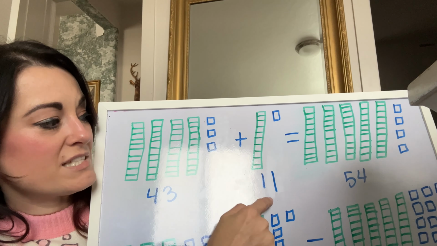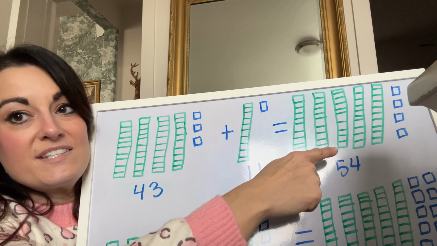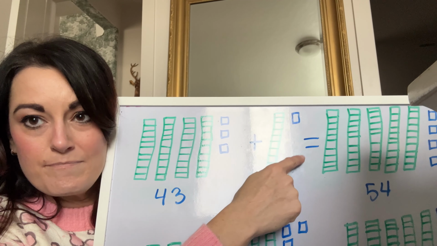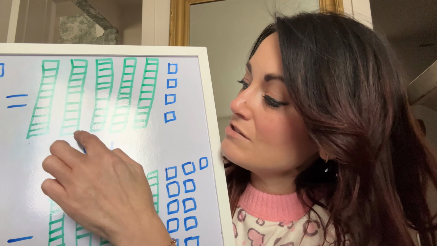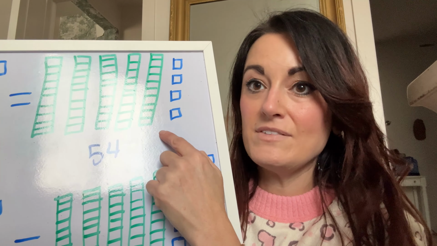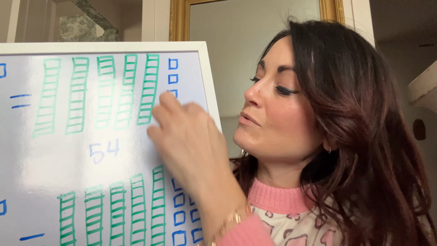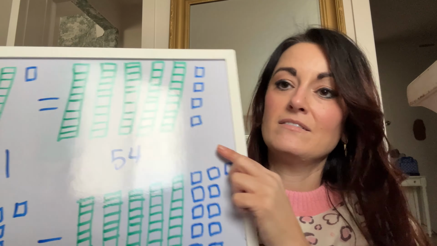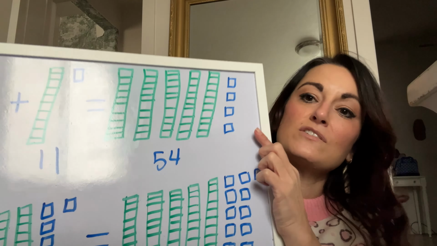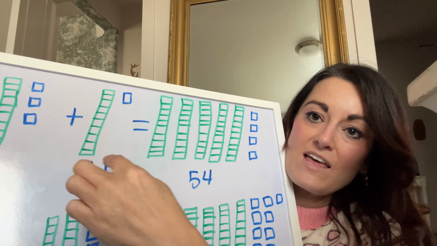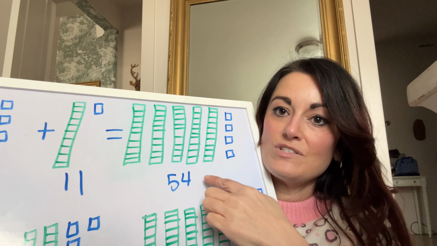And for 43 plus 11, we've got to get everything on this side of the equal sign. So we're going to add them together, bring them all over. We have 1, 2, 3, 4, 5 tens, and 1, 2, 3, 4 ones. So 43 plus 11 equals 54, because we added these together, and this is our new sum, 54.